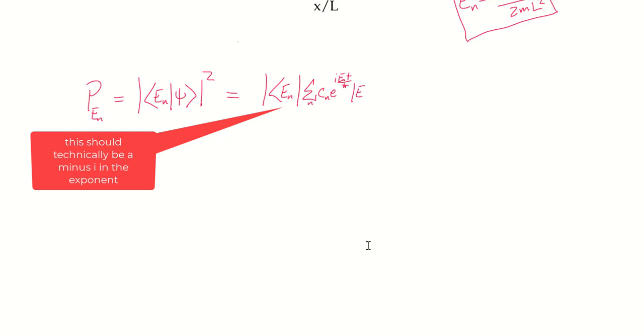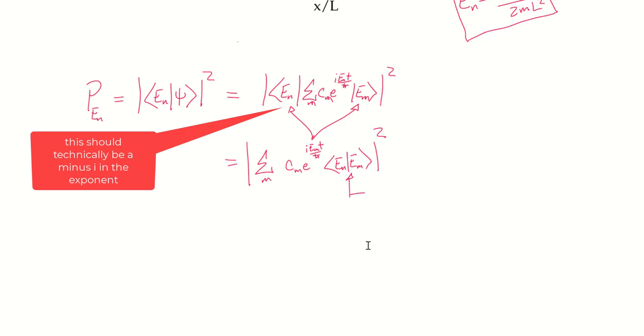And this is really useful because we know that those energy eigenvectors are orthonormal. I'm actually going to change the index we're summing over so we don't get confused here. So this whole sum can come out. We sum over m and end up with Cm e to the i Em t over h bar times that inner product, En with Em, all squared.